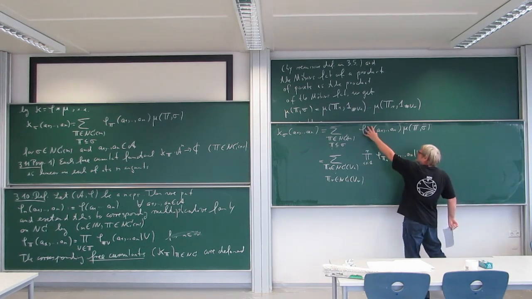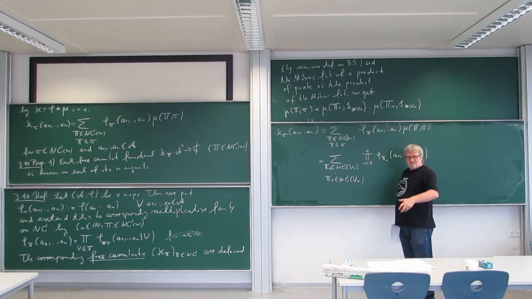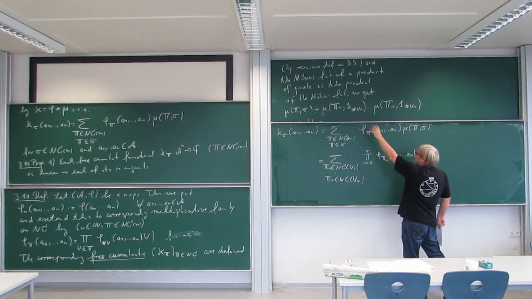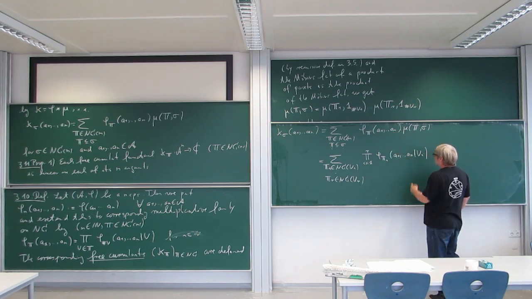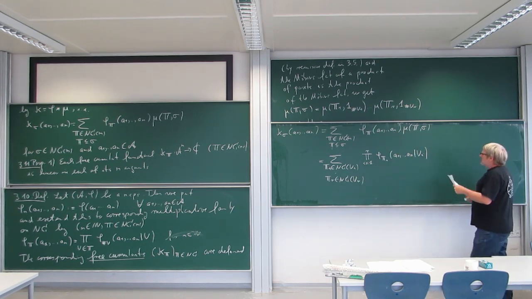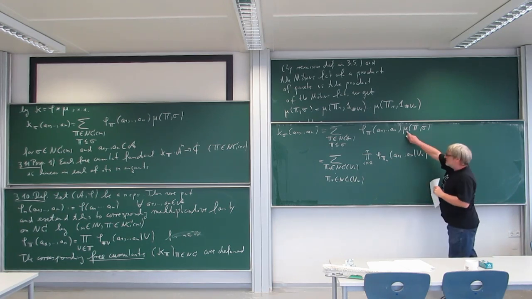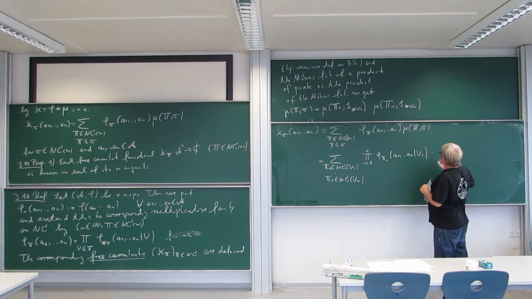So this is a product of all the blocks which I have in pi, but I'm collecting them now. Some of the blocks are in pi 1, some of the blocks are in pi 2, and so on. So I'm just writing this as a product like this, and of course the a's correspond to the ones which go with the Vi.